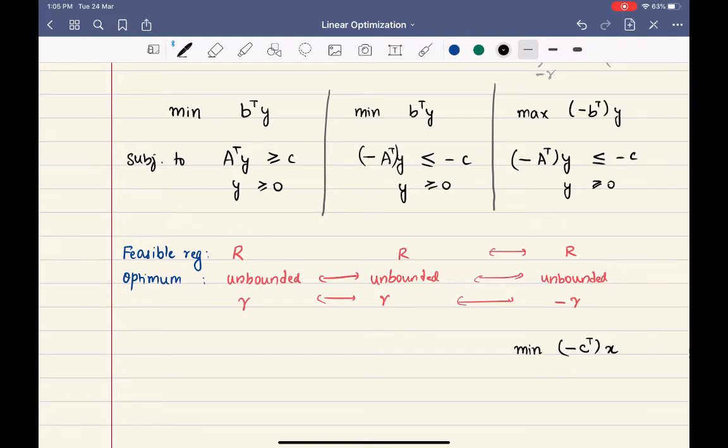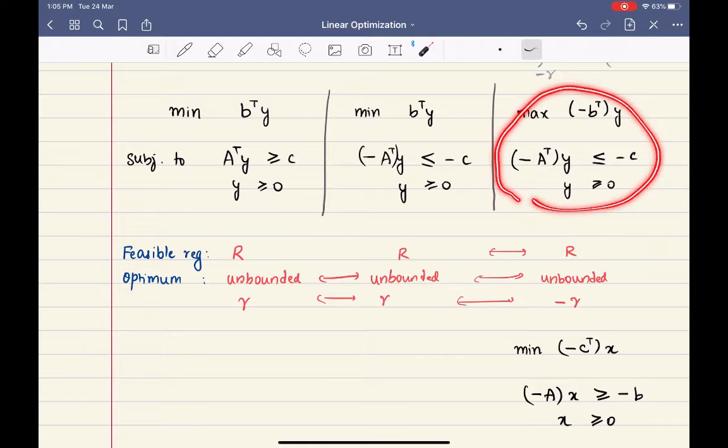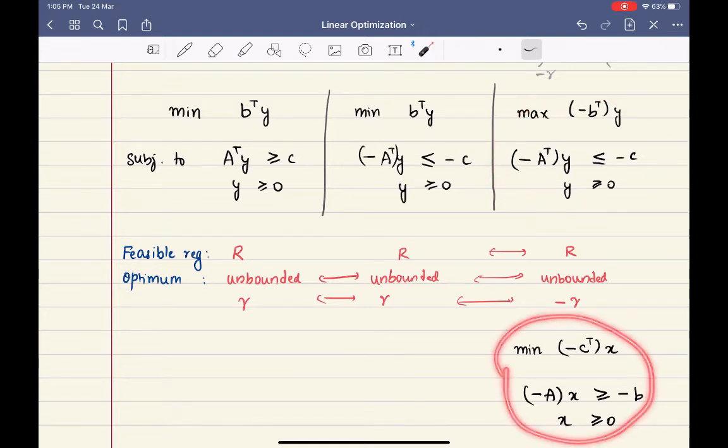So the variables are the xi's, and now this part is here. Now what about the constraints? It will be minus A x bigger than or equal to minus b, and x bigger than or equal to 0. So if this is the primal, this is going to be the dual.